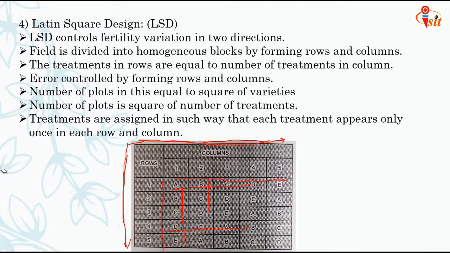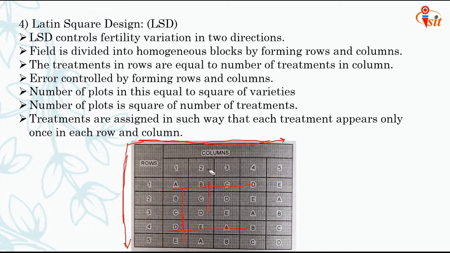Then Latin square design. The Latin square design controls the fertility variation in two directions by making rows and columns. Each genotype is assigned in such a way that it occurs only once in a row and only once in a column.